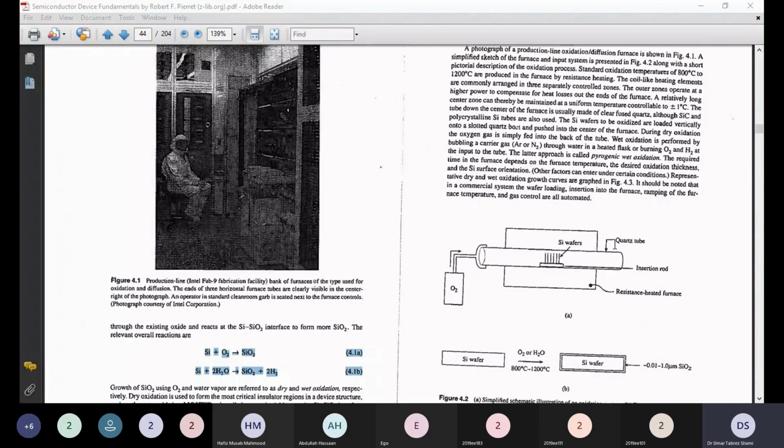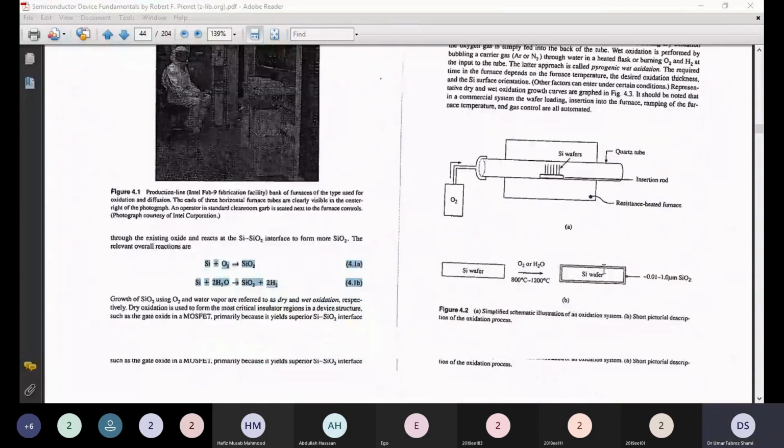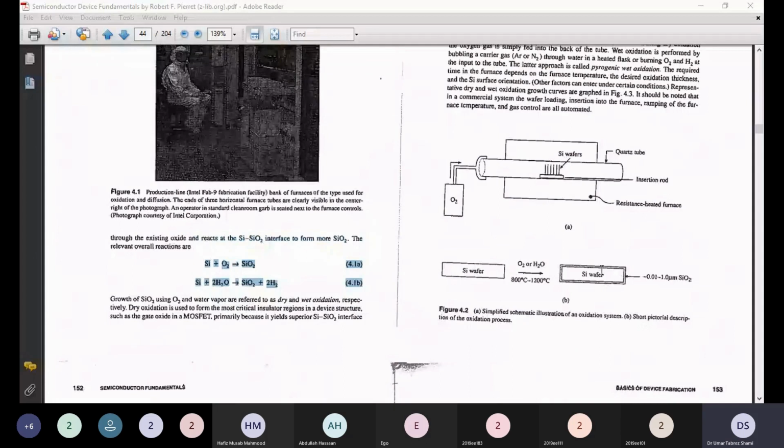Representation of dry and wet oxidation are shown in figure 4.3. Here we have the simplified schematic illustration of an oxidation system.